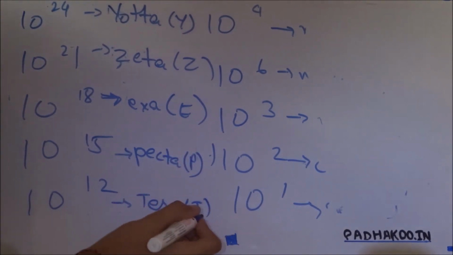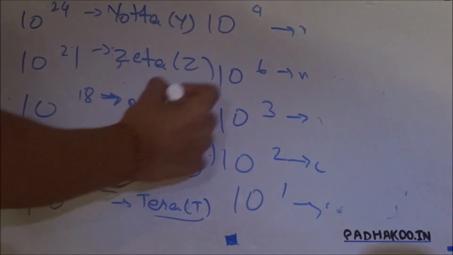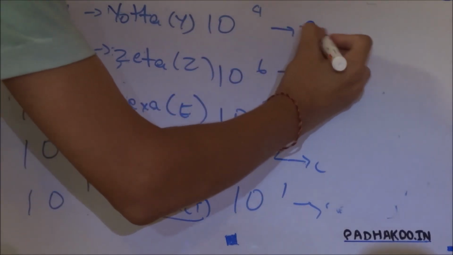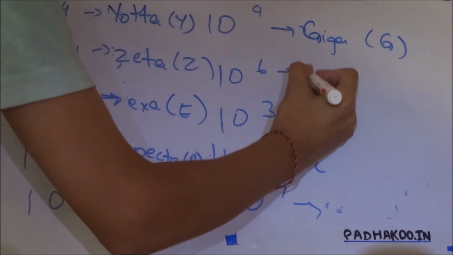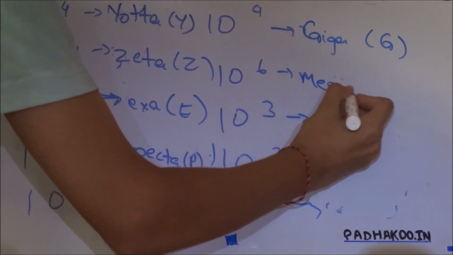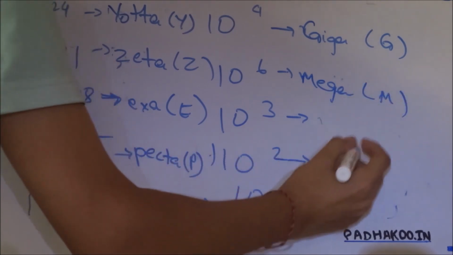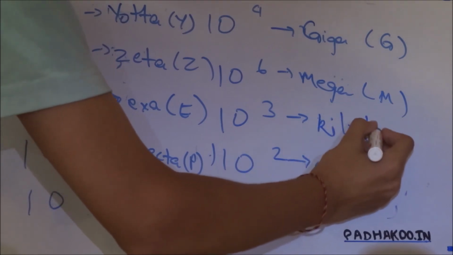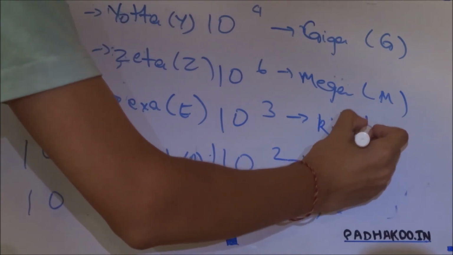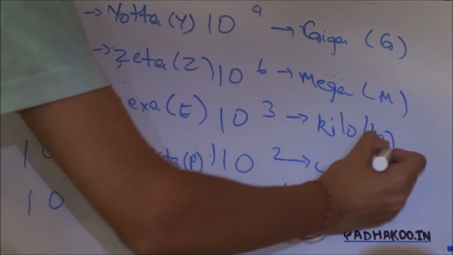Now here come the computer ones: terabyte, gigabyte, megabyte. Then mega and kilo. The kilo is denoted by small k.